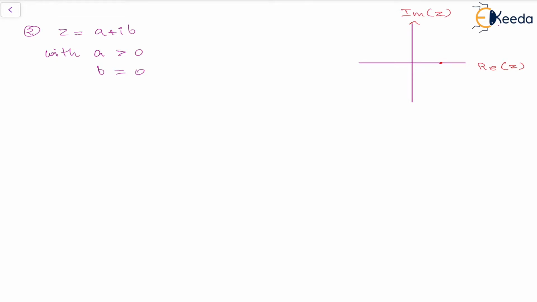In that case, we can clearly see that theta will be equal to 0, and this is the argument of z. So it lies on the positive real axis, that is the x-axis in this case.